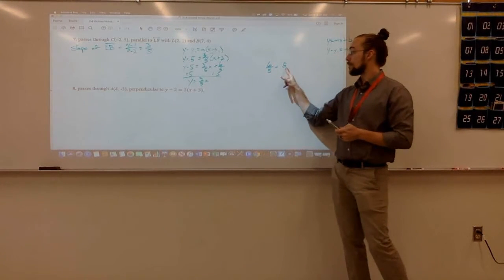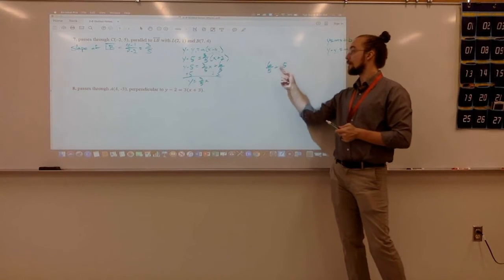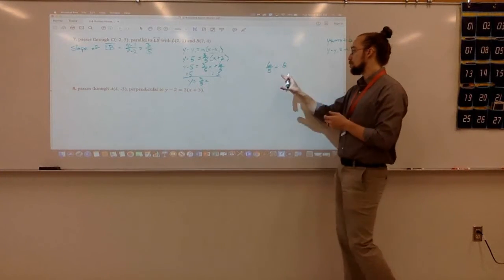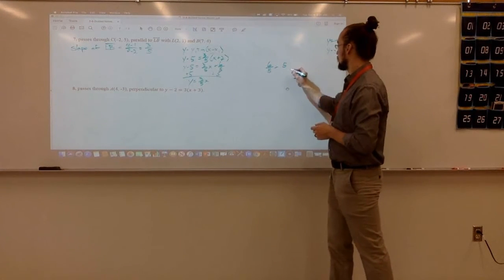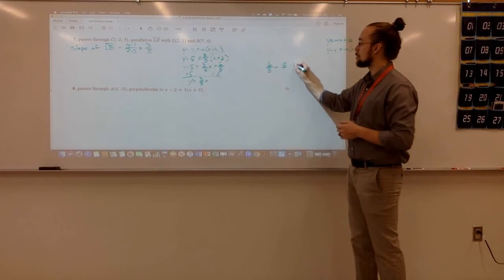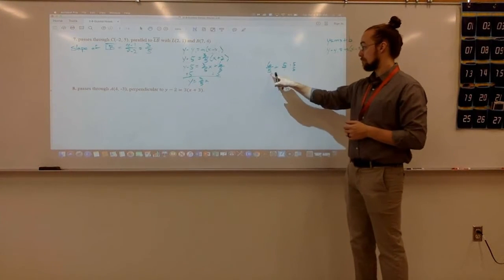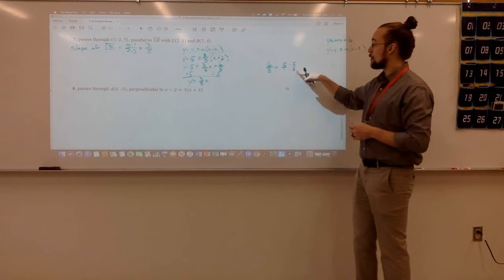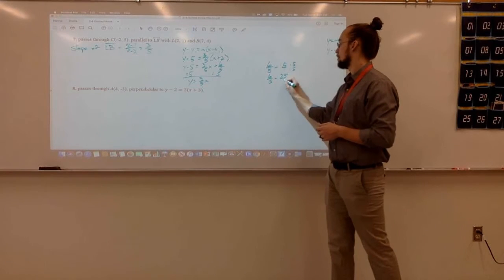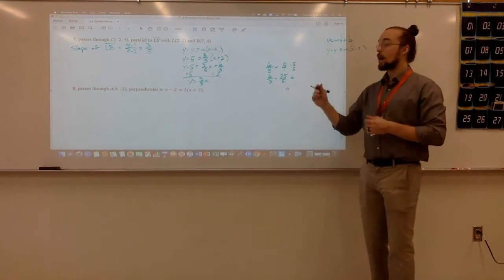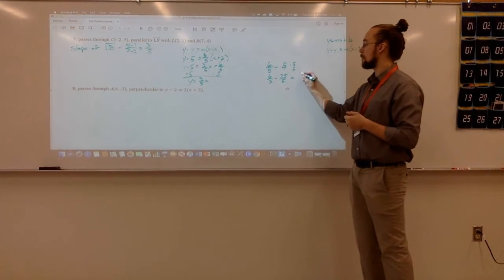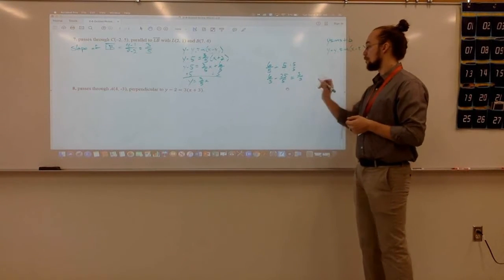Well, this is the same as 5/1, so to get a denominator of 5, I need to multiply the top and the bottom by that denominator. So this would become 25/5. So now when we add, we just add the numerators, right? We don't add the denominators. So this would be 31/5.